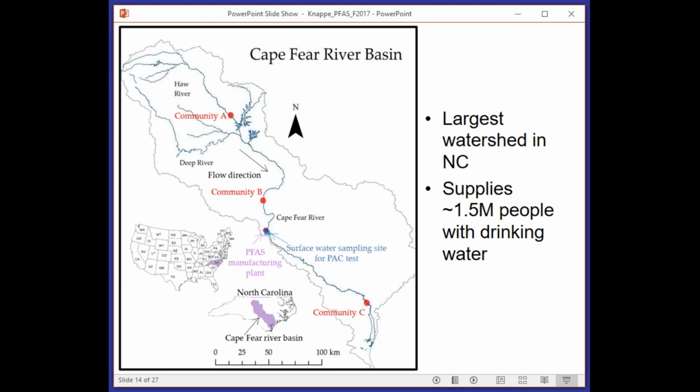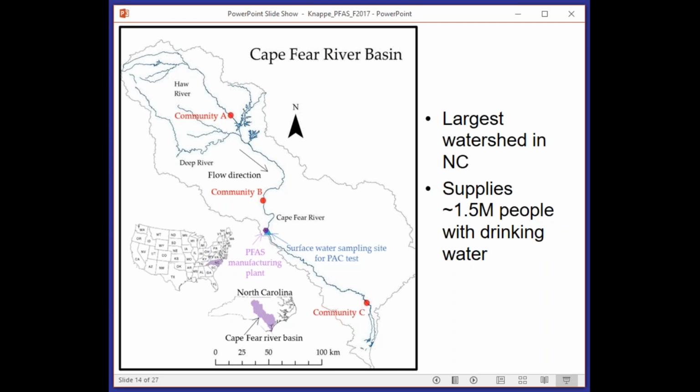Community A is a small system located on the Haw River, and it's upstream of a fluorochemical manufacturer, but it's downstream of a number of larger cities that discharge their wastewater into the Haw River or its tributaries. And Community B is also upstream of a fluorochemical manufacturer and downstream of many tributaries. So at that point, quite a bit of dilution of the upstream wastewater would have occurred.